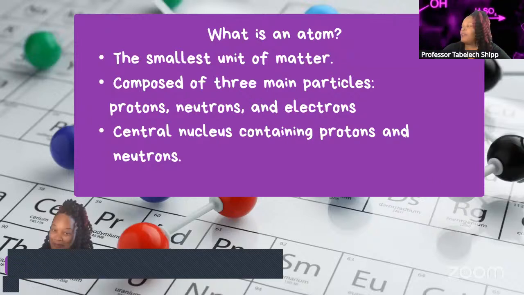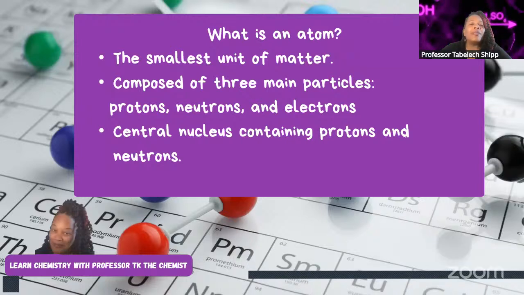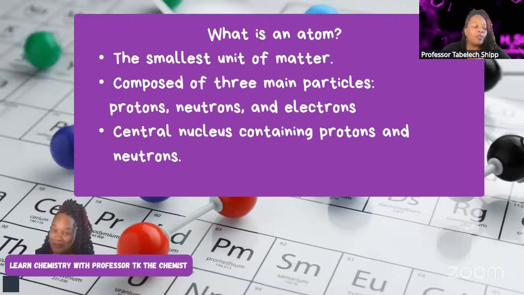All right. So here is the first thing that we're going to discuss. What is an atom? This is something that a lot of students have to know about on the T7 exam, and you have to be confident in your skill sets with this particular session.